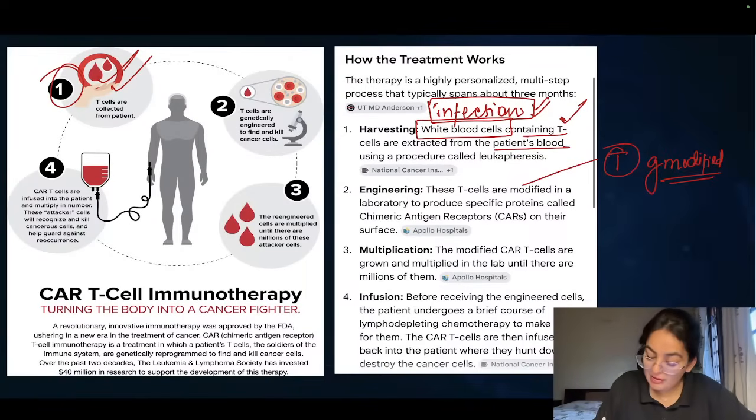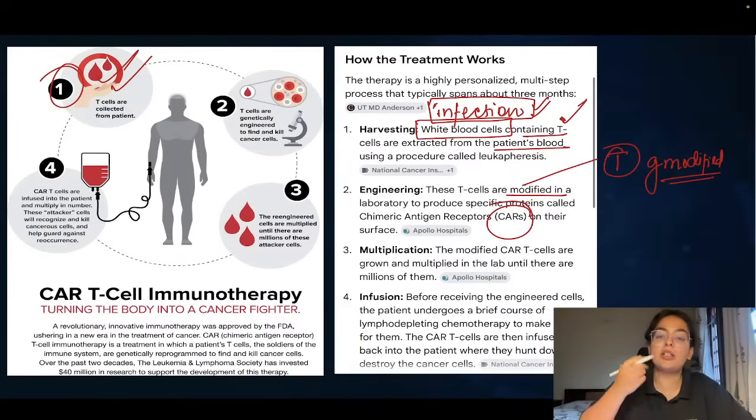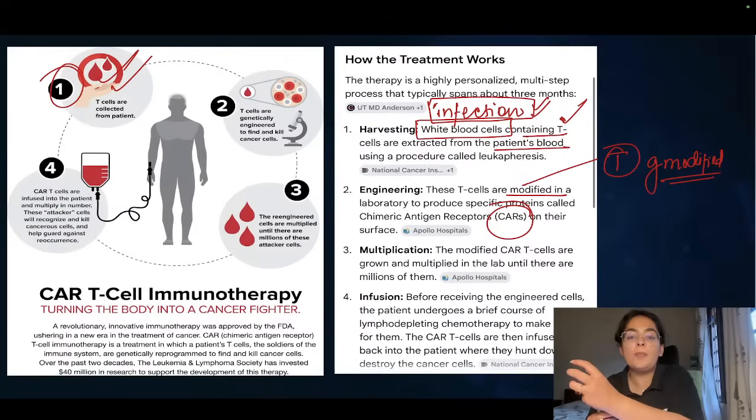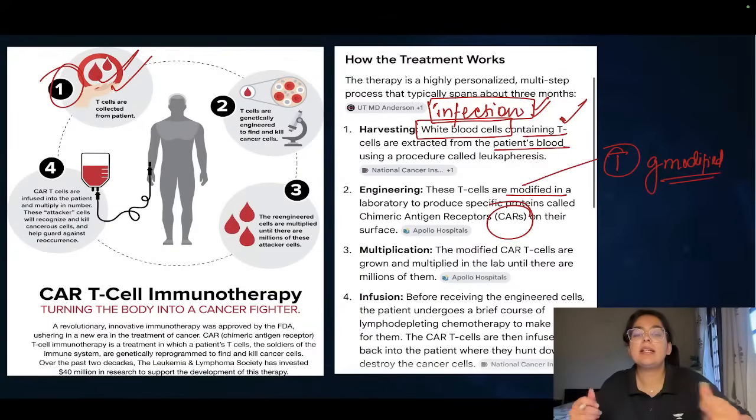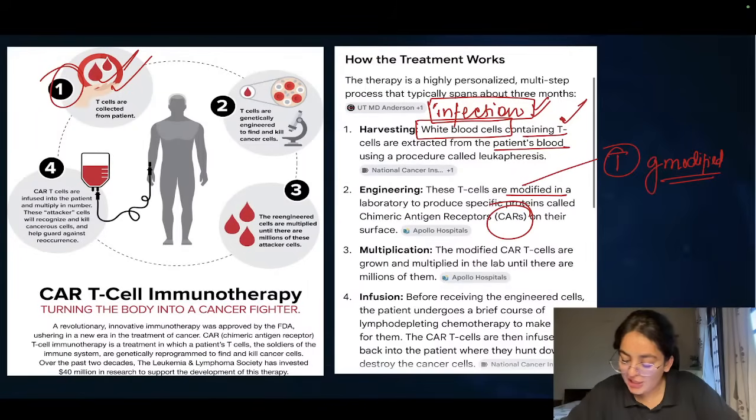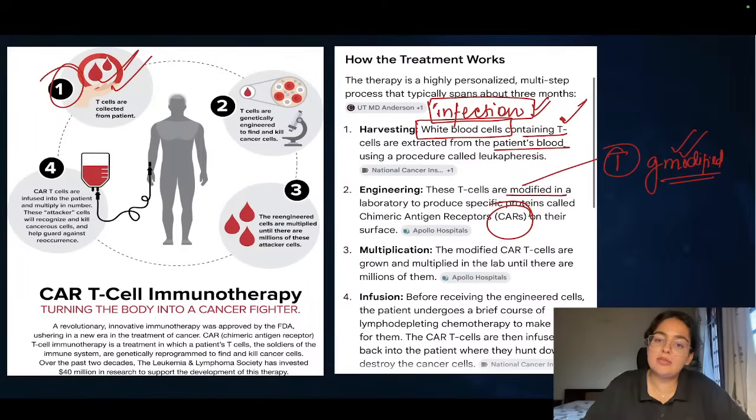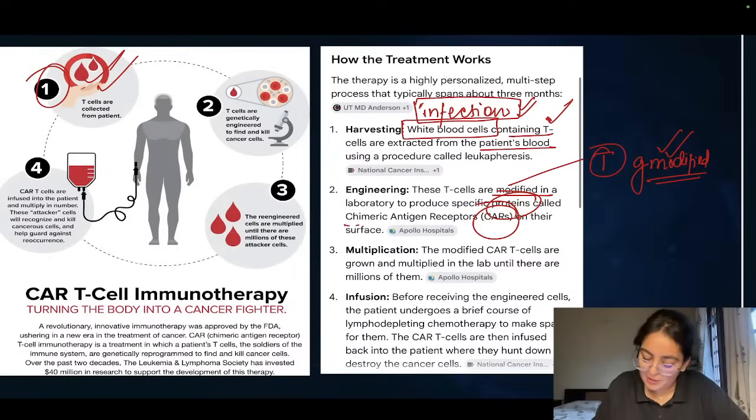So once they are modified in the laboratory to specifically produce certain proteins that can go bind with these cancer cells and kill them, or be actual receptors for cancer cells. So basically, genetically modified these T cells to produce certain proteins that is called CAR, chimeric antigen receptors. You just need to remember CAR.